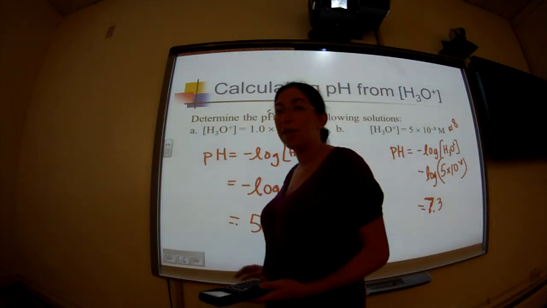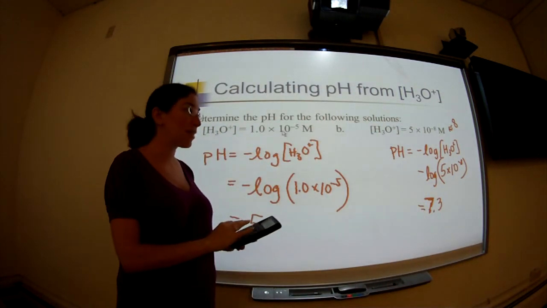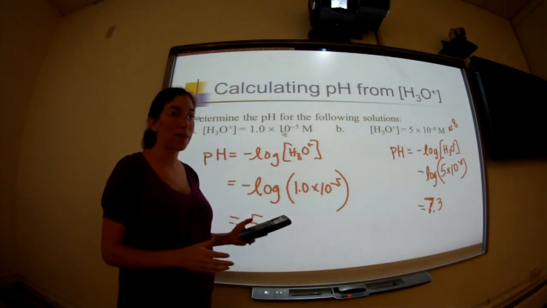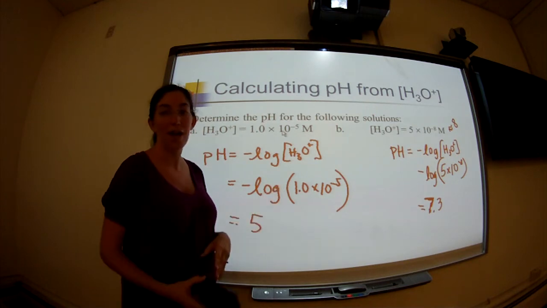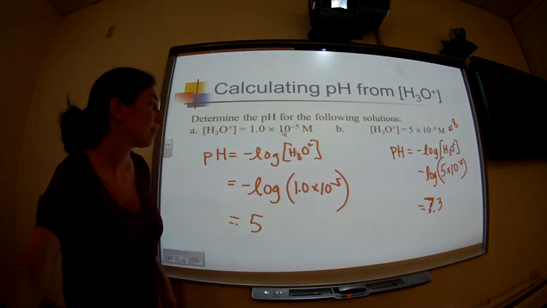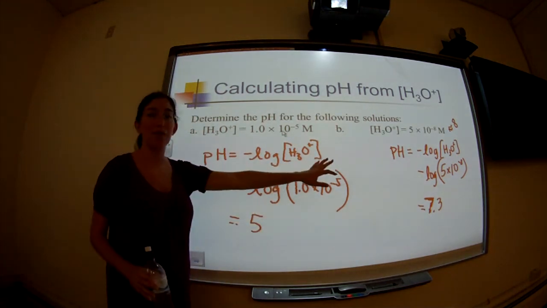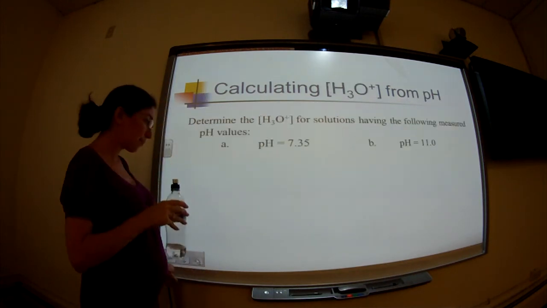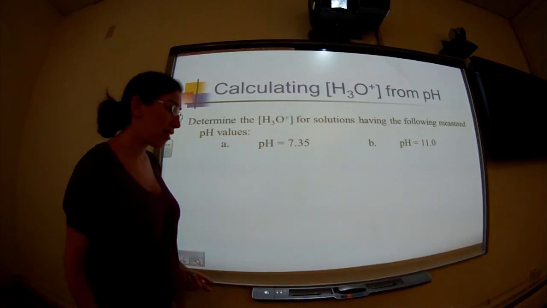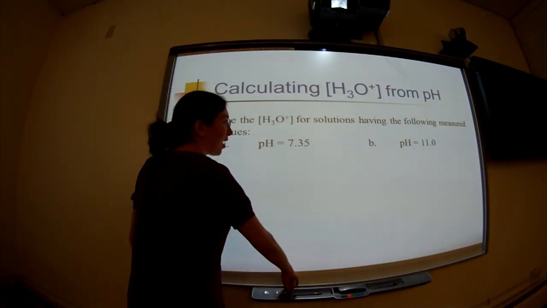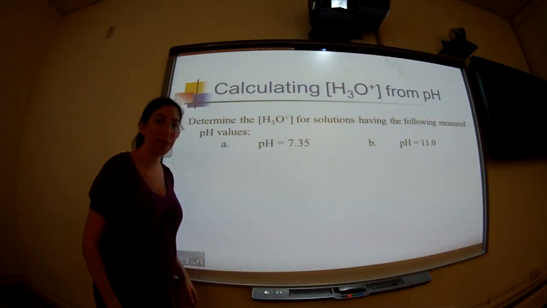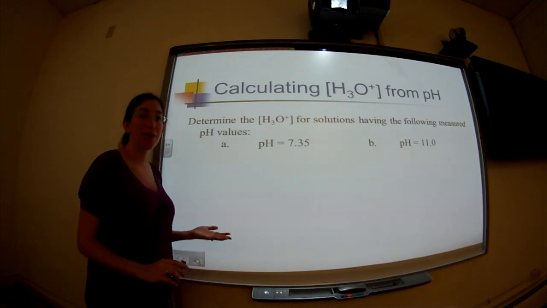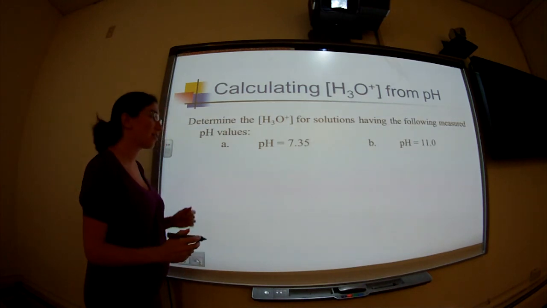So again, play with different order of typing this into your calculator until you figure out the right way to do it, or have someone help you in the LAC. But otherwise, this math is really pretty simple. Okay, now we're going to try the other equation. In these problems, we're given the pH, and we need to figure out the hydronium ion concentration.